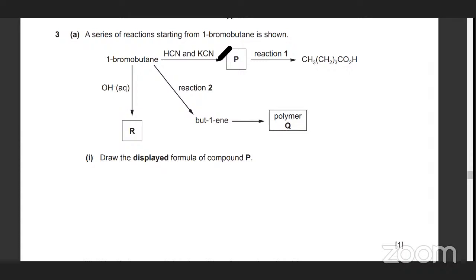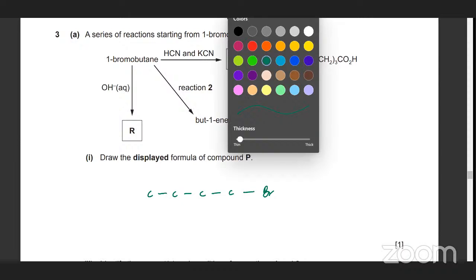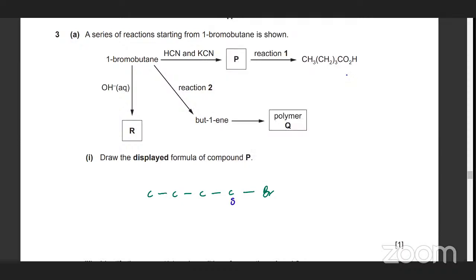Halogenoalkanes undergo a nucleophilic substitution reaction when CN minus ions are present. Why? Because carbon is positive when it's attached to a Br. The CN minus comes in and the Br gets knocked out. So the Br over here, I'm going to replace with a CN.